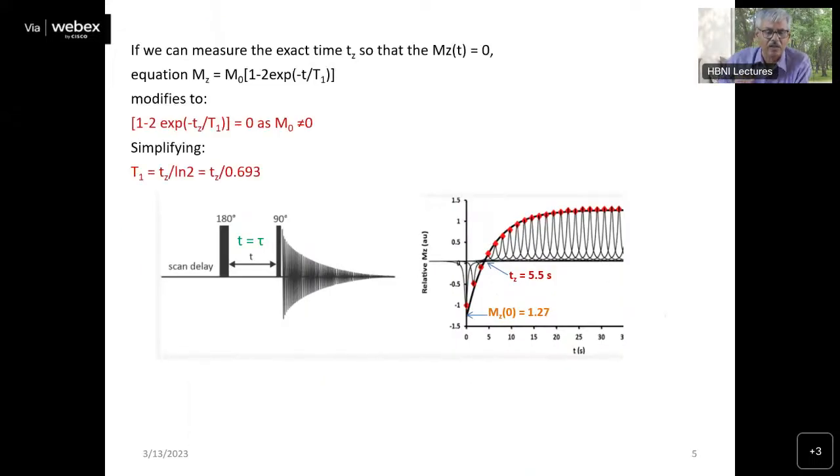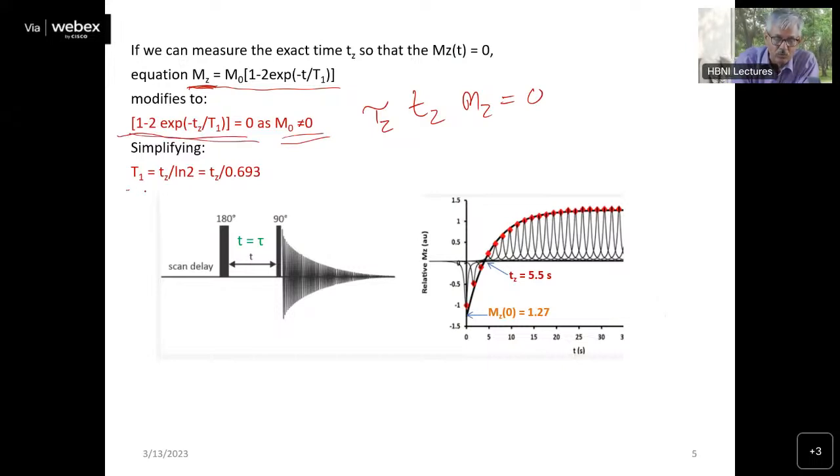So let us see how this equation modifies when tau is equal to Tz, where your magnetization becomes 0. If you put Mz equal to 0, as M0 is not equal to 0, this becomes equal to 0.